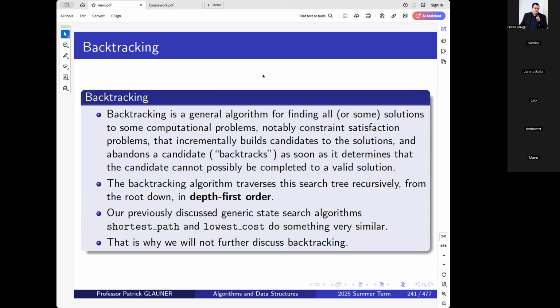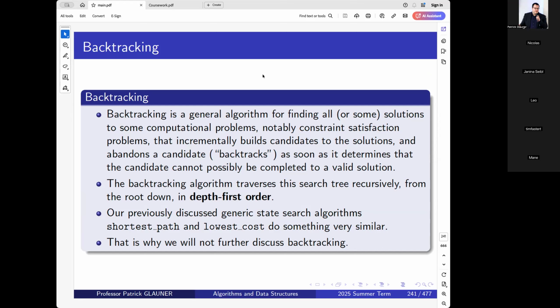So you would backtrack and abandon a path and then continue with a different action in the previous state. This is what backtracking means. And backtracking can be applied, for example, for solving a maze, but also for lots of other optimization problems. The backtracking algorithm is something that is studied in great detail in a lot of algorithms and data structures courses.